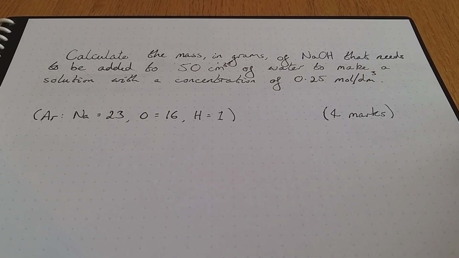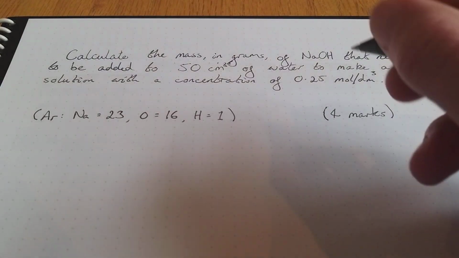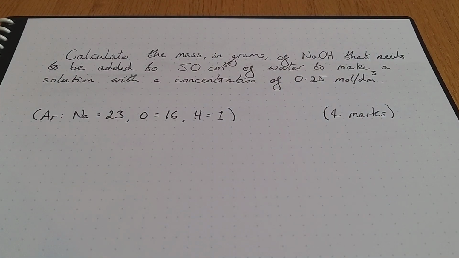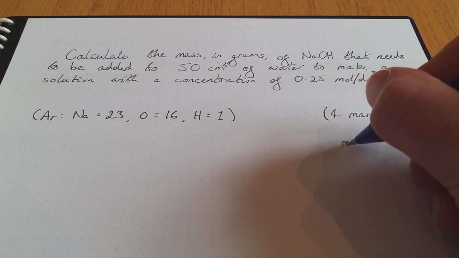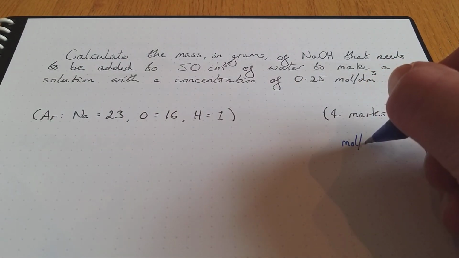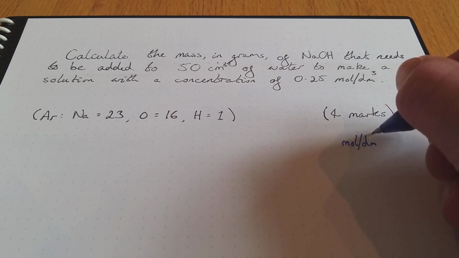But first of all, let's just remind ourselves about this unit for concentration, because even if we're not sure how to calculate concentration or how we use that in some calculations, there's a big clue in the units to help us. So the units for concentration is moles, and we've looked at how we can calculate moles in other videos. Moles per dm cubed.